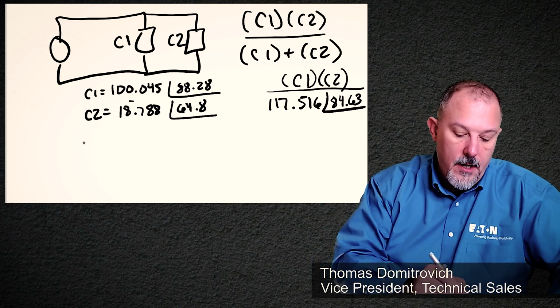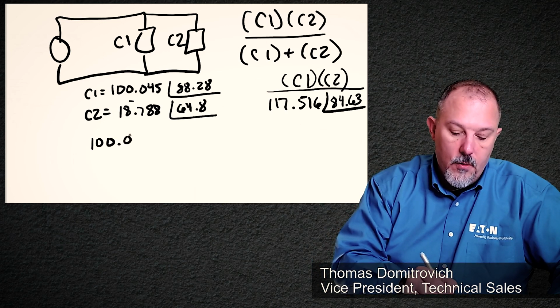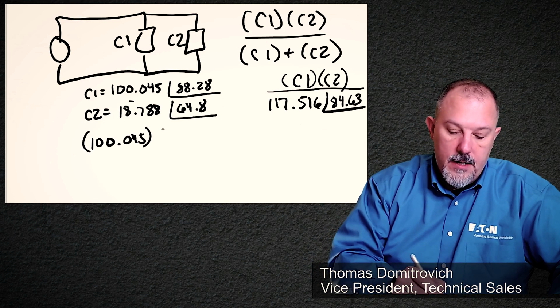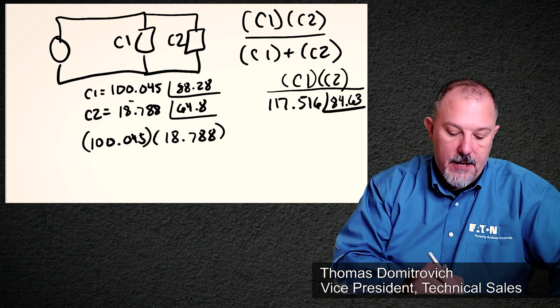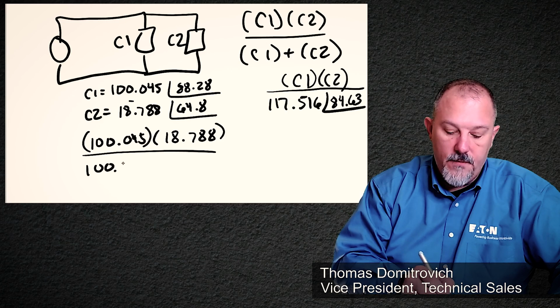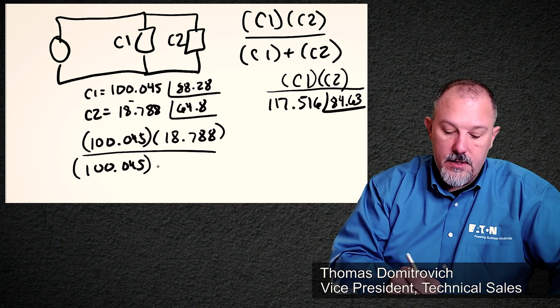I was going to take 100.045 times 18.788 and divide that by 100.045 plus 18.788. What would I get?